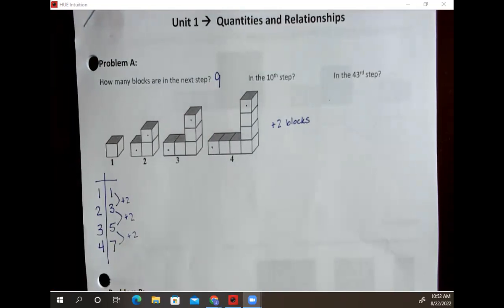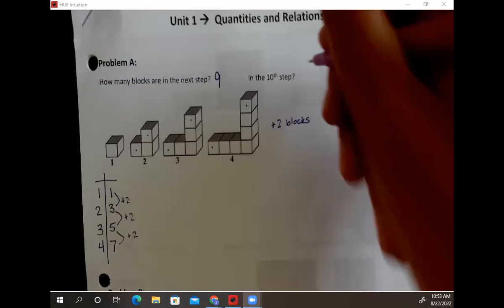There's not one right way to approach this. Anybody think they know the number of blocks in our 10th step? 19.